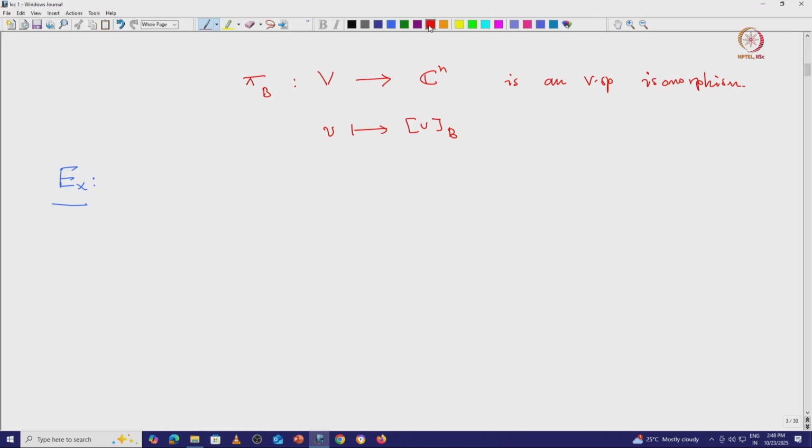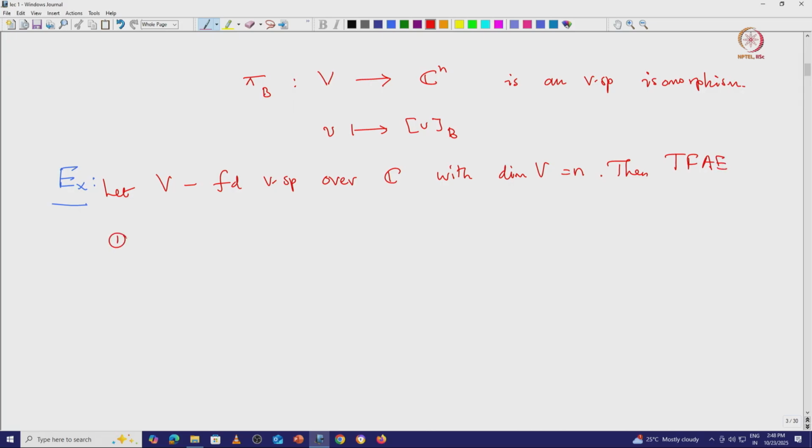We start with a finite dimensional vector space V over C, with dimension, let us say, n. Then the following statements are equivalent.